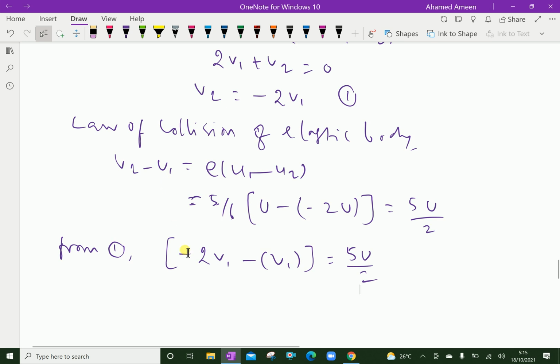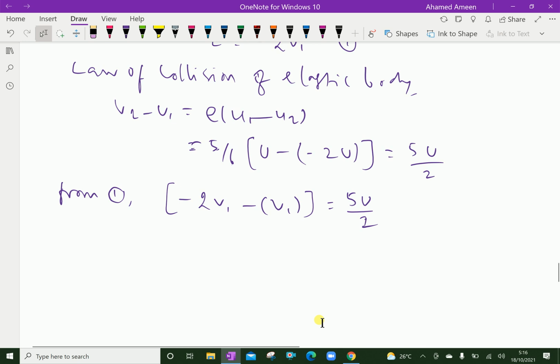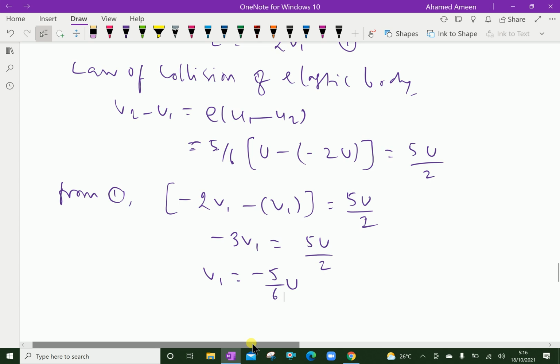That is, v2 minus v1 is 5u over 2. From that we have minus 3v1 equals 5u over 2. Therefore v1 equals minus 5 over 6 u. The minus sign indicates the direction of v1 is opposite.